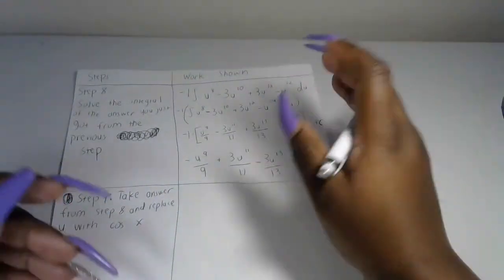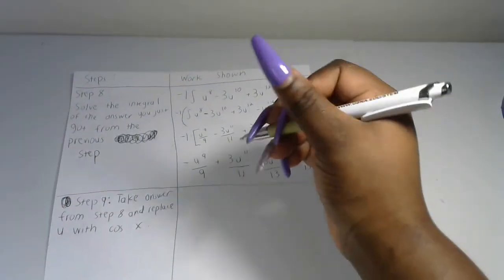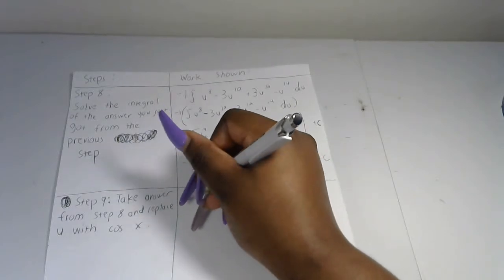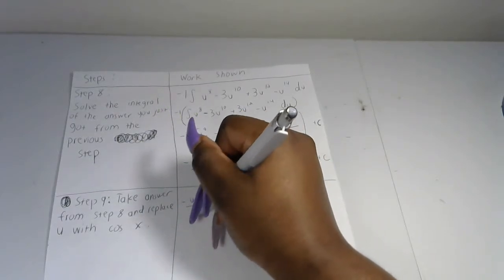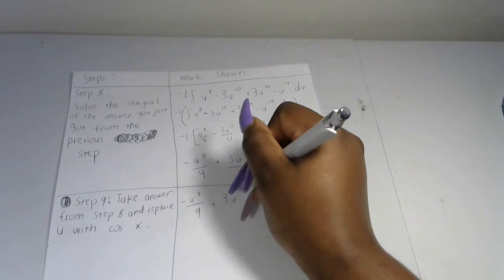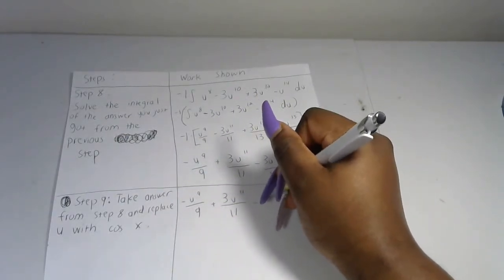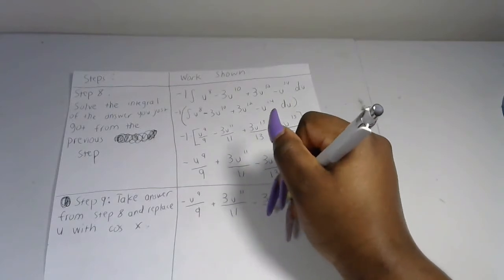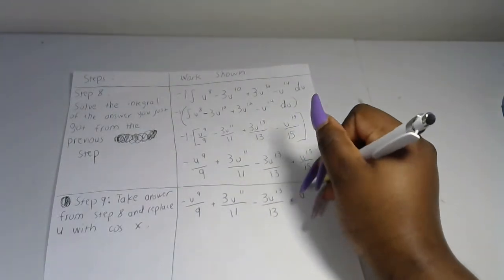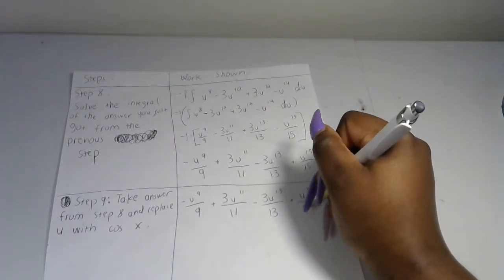So like we said, we had negative u to the 9th over 9 plus 3u to the 11th over 11 minus 3u to the 13th over 13 plus u to the 15th over 15 plus C. We're going to replace every u with cosine x.